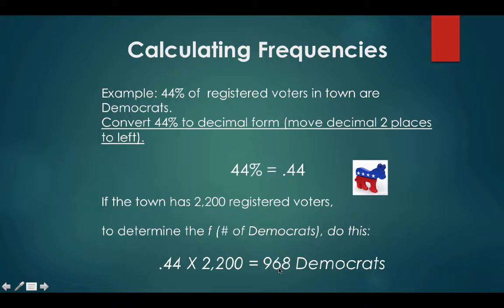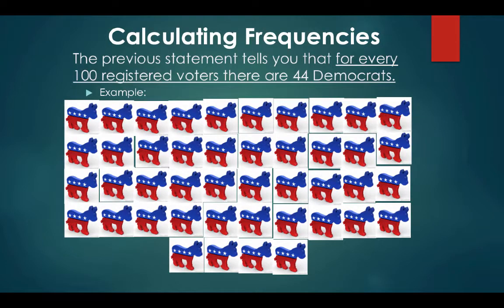So you know that in a town that has 2,200 registered voters and 44% of them are registered Democrat, that means there are 968 Democrats in that town that are registered to vote. Okay, so this is just the visual. That would be the 44 Democrats that are registered to vote for every 100 registered voters.